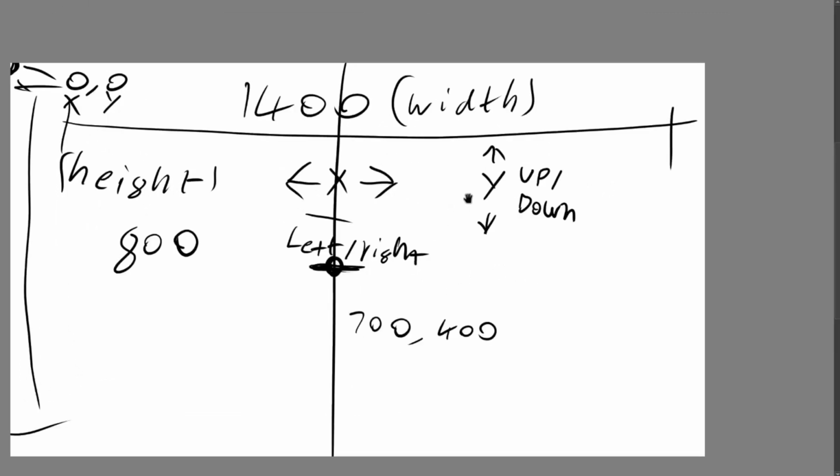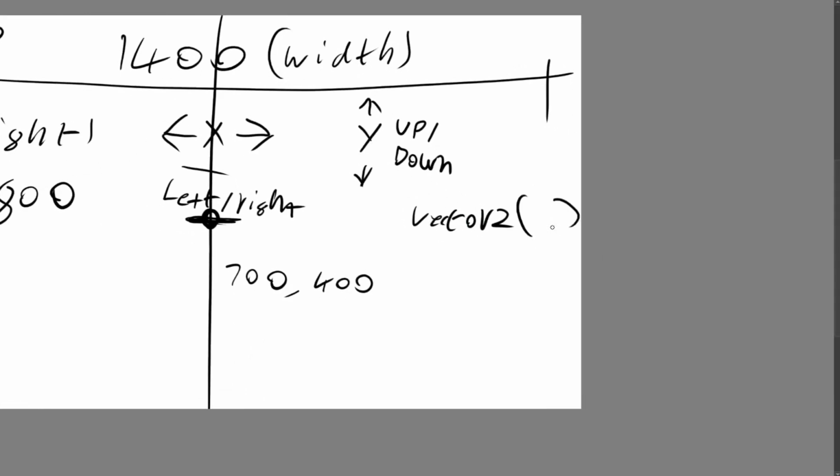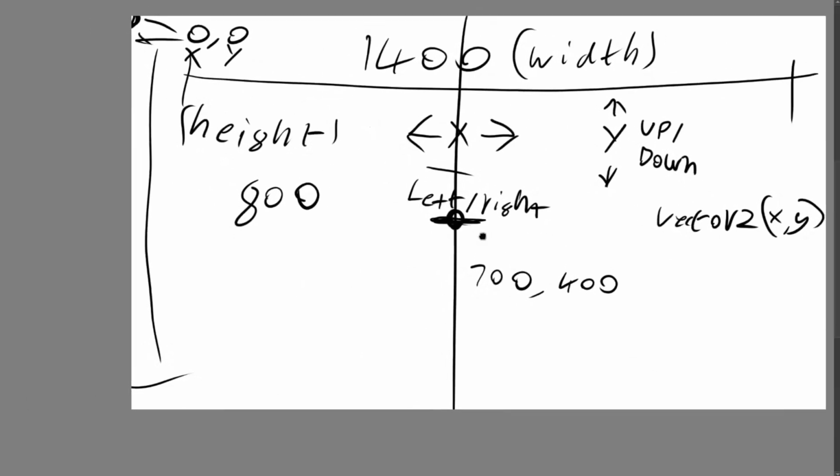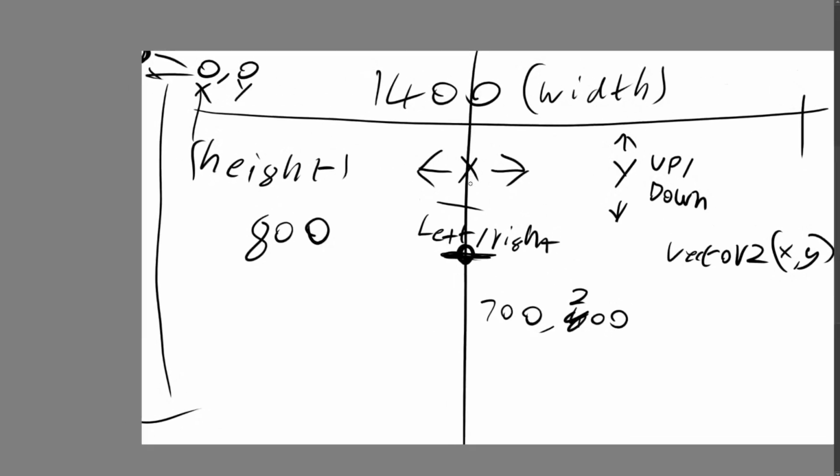This is called a vector. Technically, it's a Vector2, and it would be like x, y. That means if we instead have 700, 200, it would be here.